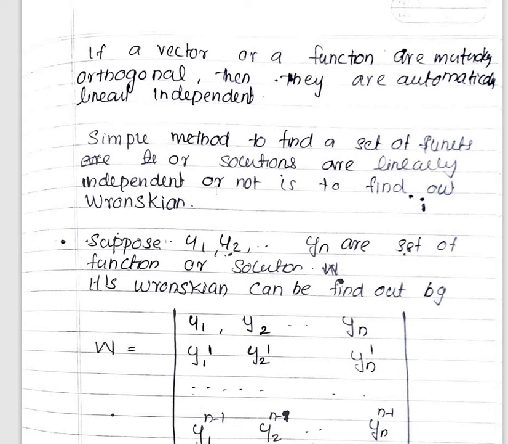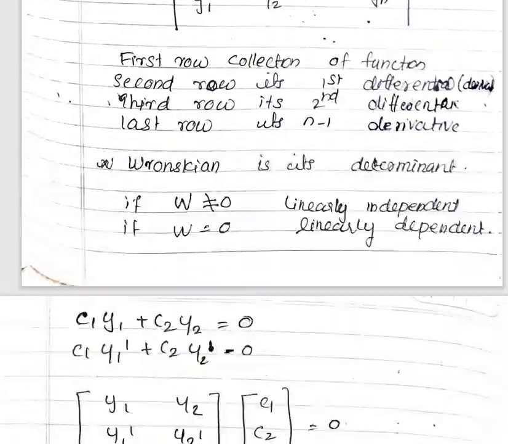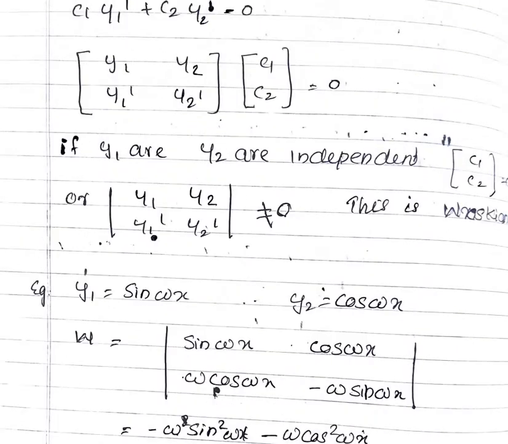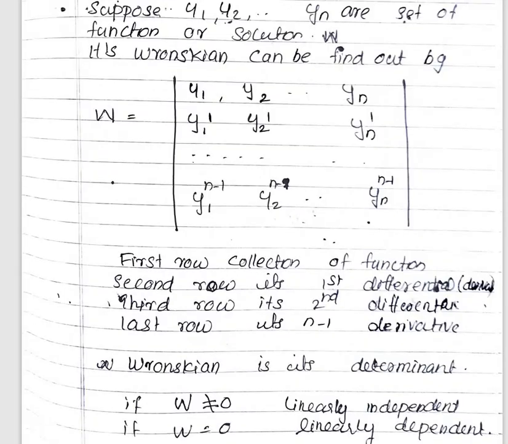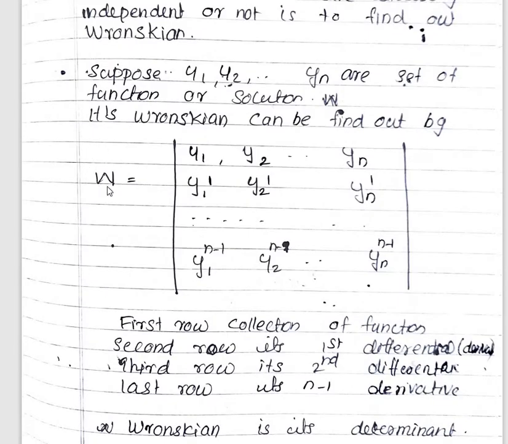Suppose y1, y2, y3, etc. are a set of functions or solutions. Then its Wronskian W of y1, y2, y3, etc. can be defined like this.